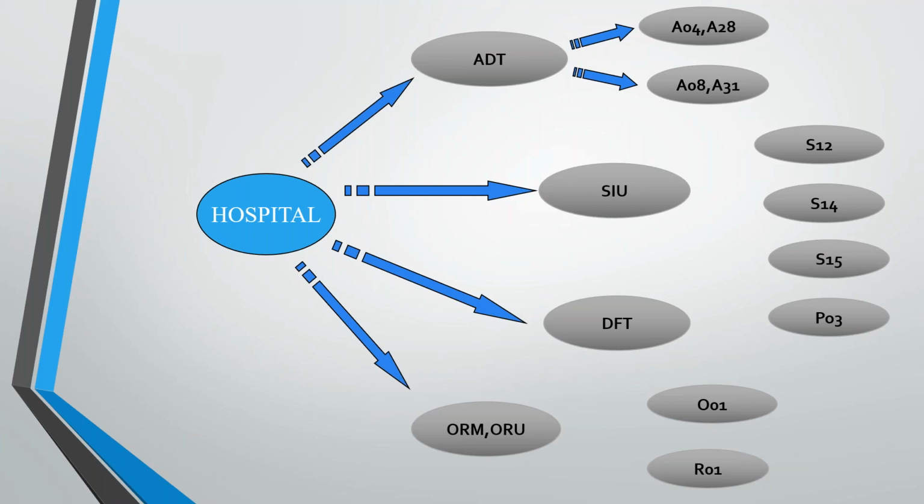One is new appointment, another one is update of existing appointment, and the third one is cancellation. So these three represent those three events that we spoke about in the previous slide. SIU S12 represents a new appointment, SIU S14 represents update of existing appointment, which is to modify the existing appointment, and the third one is cancellation of an existing appointment.